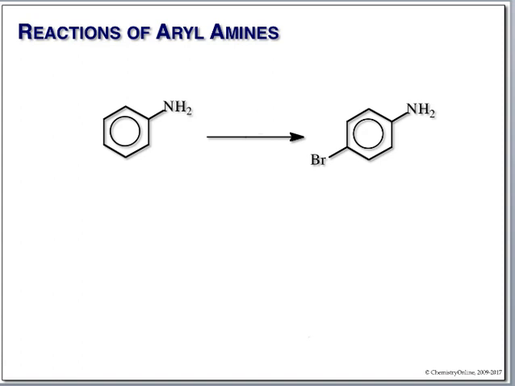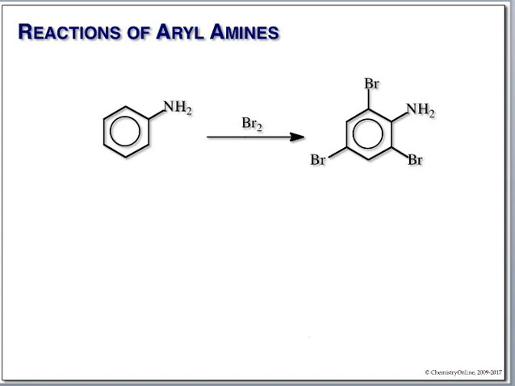Typically, we might say, okay, I'll take bromine and iron(III) bromide and make it. That would probably work. But actually, aniline is so active that if you did this, you would wind up with tribromoaniline.